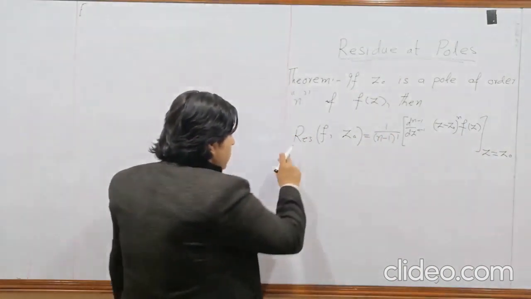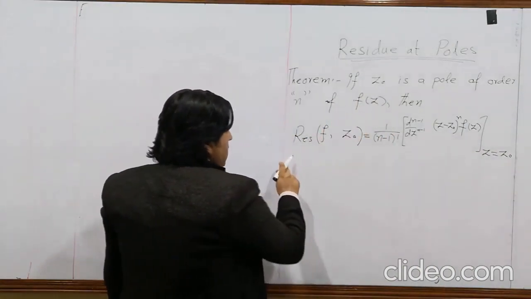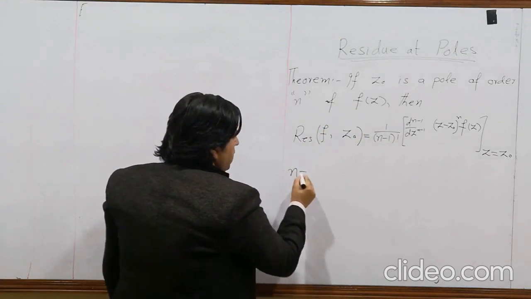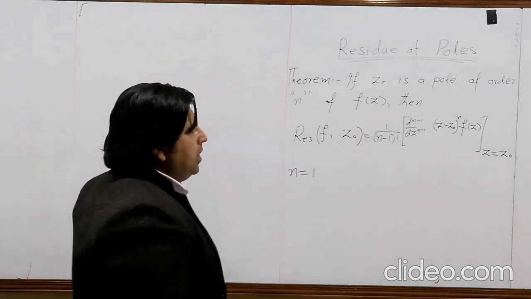Let us simplify a little more. If f of z has a simple pole, it means it is a pole of order 1.